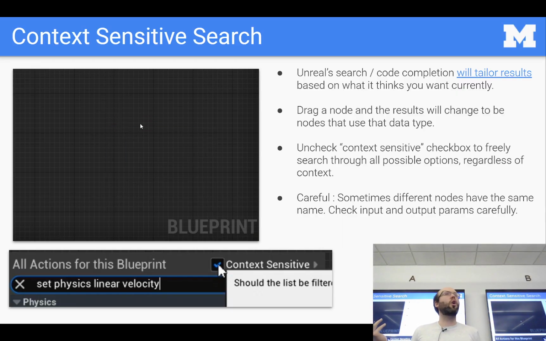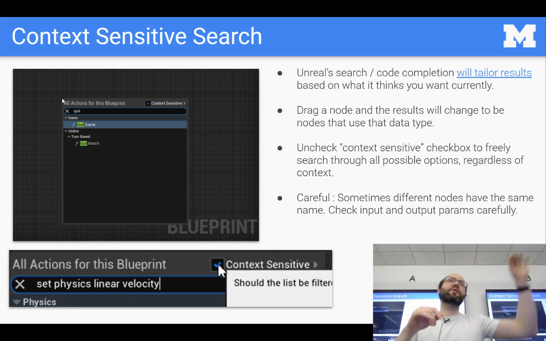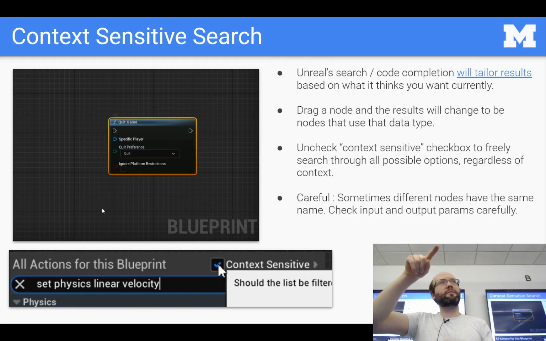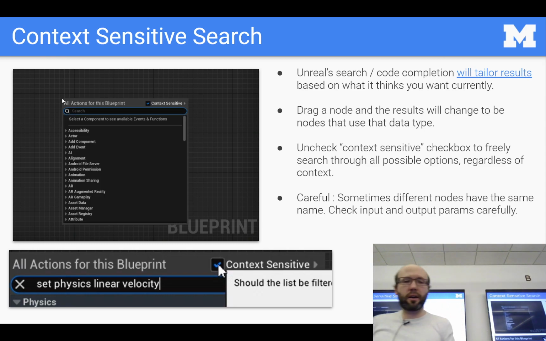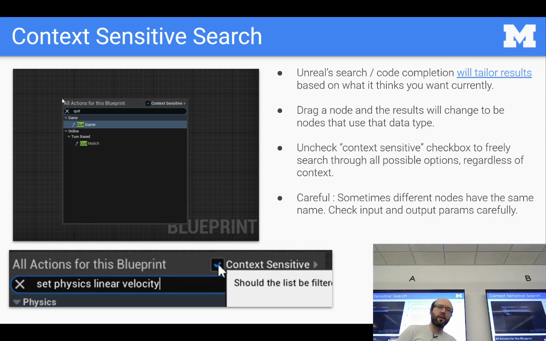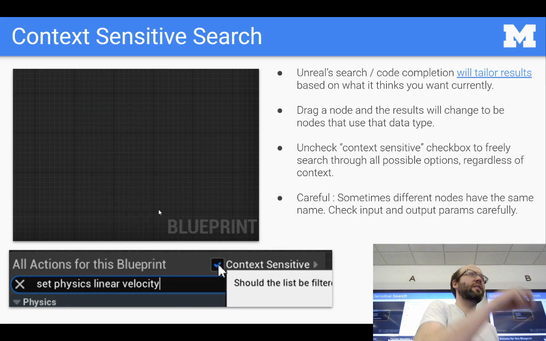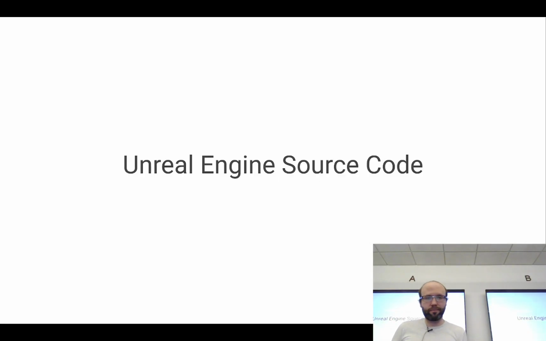Well, what is that called in C++ when you have three functions with the same name, but they have different input arguments? What's it called? Overloading. Yeah, it's called function overloading, okay? Or argument overloading. So that happens in Unreal Engine too, and it can be very confusing because it looks like the right node, but just doesn't take my thing, right? The input just won't hook up, and that's usually why, okay?